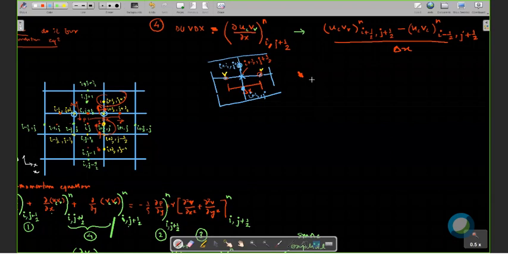So you see at this i plus half, j plus half, UC is equal to UC at i plus half, j, plus UC at i plus half, j plus 1, divided by 2. Okay.